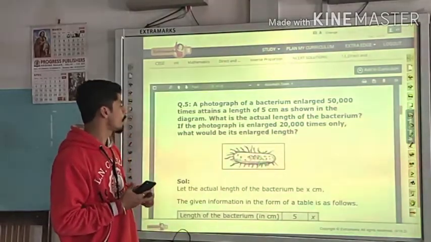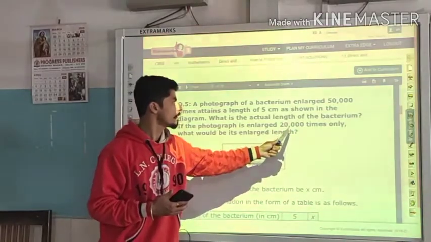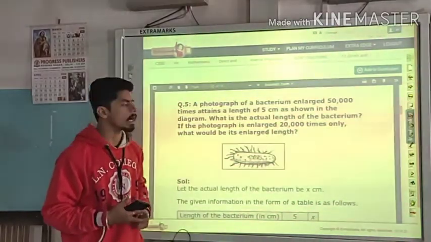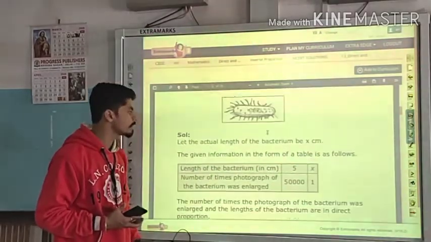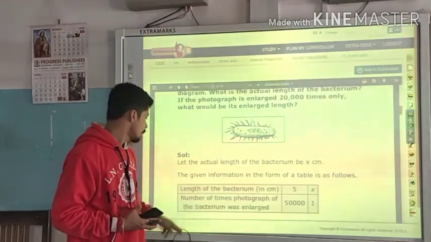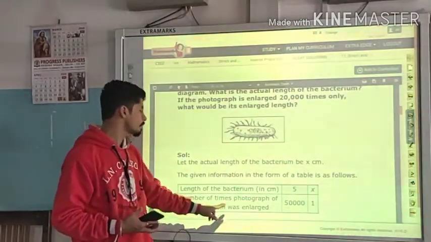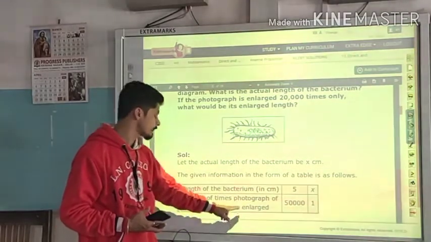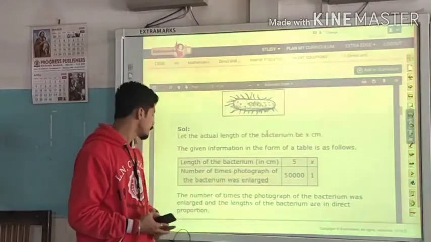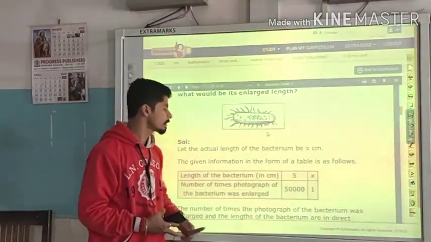So we have to find the length of the bacterium if we enlarge the same photograph by 20,000 times only. So we have to write the data in the table. Length of the bacterium in centimeter is 5, and the number of times the photograph of the bacterium was enlarged is 50,000.